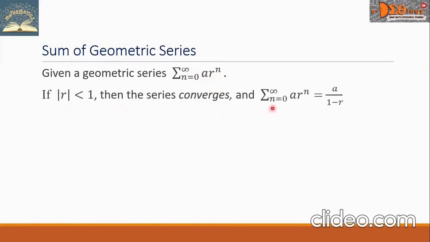Given a geometric series, summation from n equals 0 up to infinity of the function a times r raised to n, if the absolute value of r, or the common ratio, is less than 1, then the series converges, and the summation from n equals 0 up to infinity of a times r raised to n equals a over 1 minus r. Remember, a is the first term and r is the common ratio.